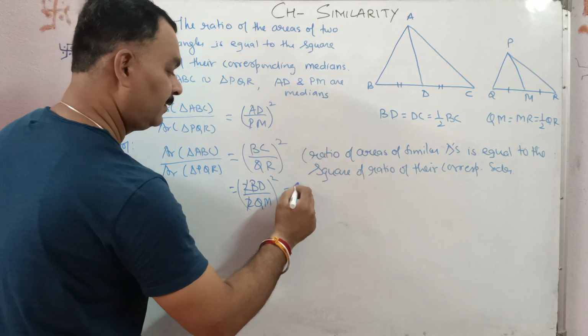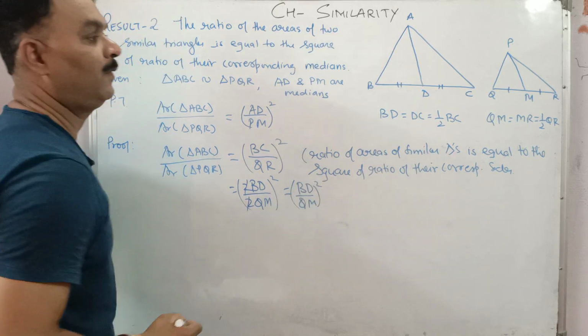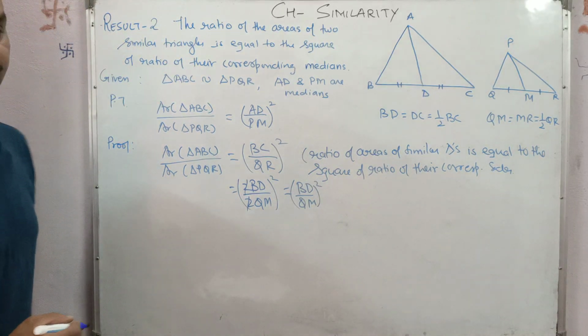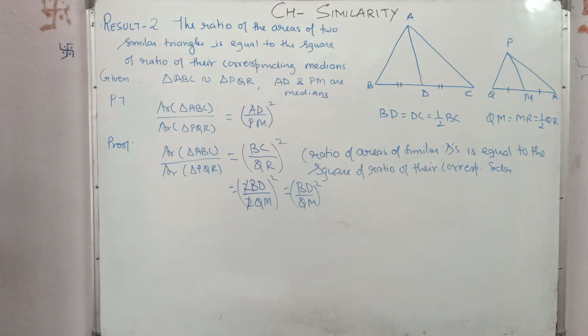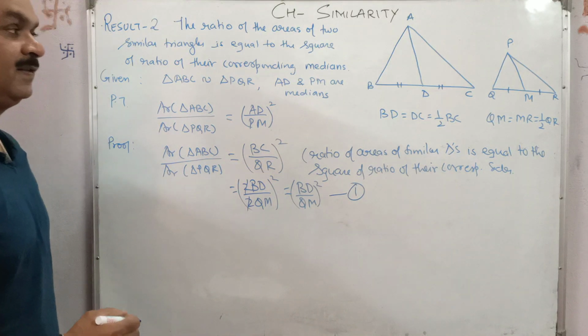Again 2 cancels out, that is equal to BD upon QM whole square. Let this be the first equation.